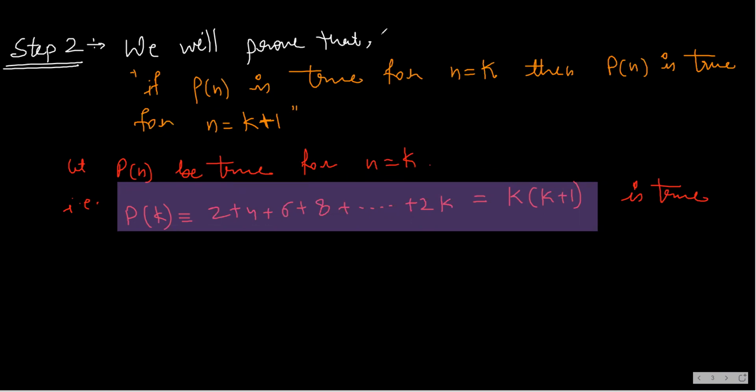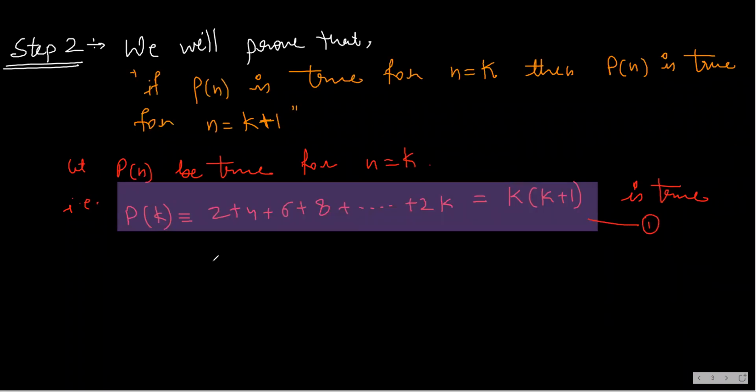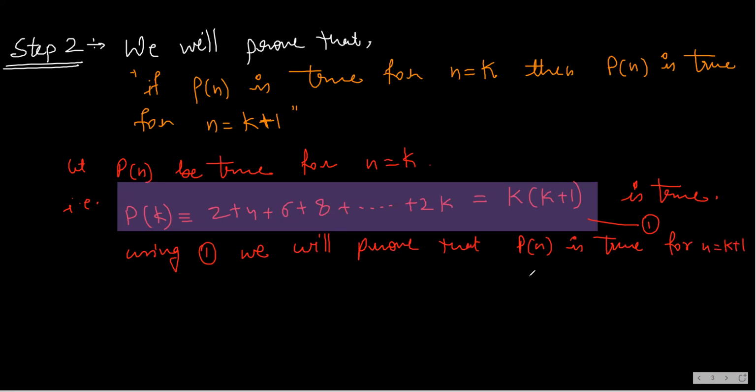See how I do it. I write this as 1. Using 1, we will prove that P of n is true for n equals k plus 1.